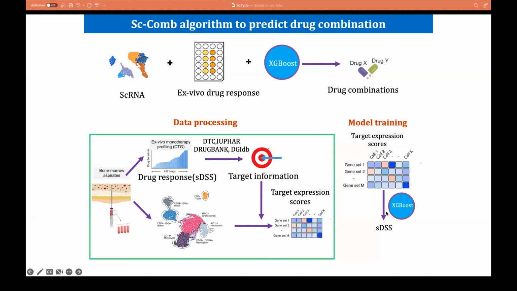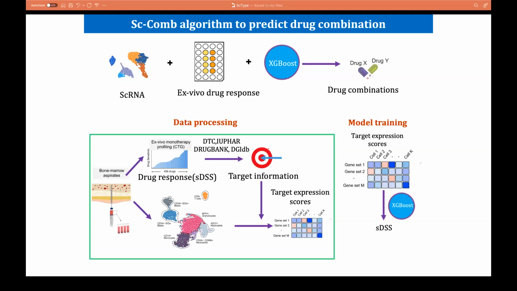Once this model is trained, we ask, if we combine the targets of two drugs together as an input, what's the sensitivity score or DSS score for this combined drug? So first we train the model for a single agent, and then later we combine the targets for drug 1 and drug 2 together and predict the drug sensitivity score.